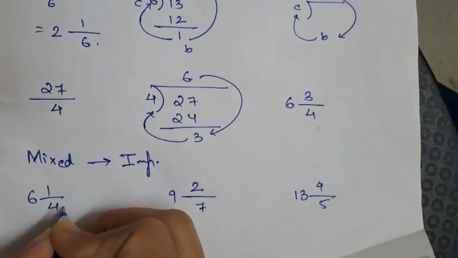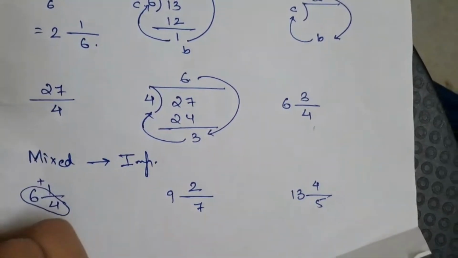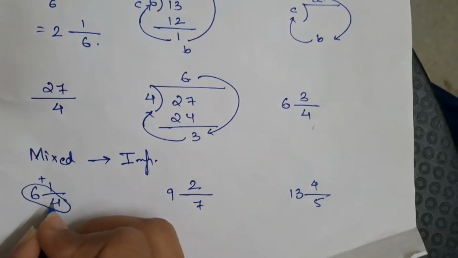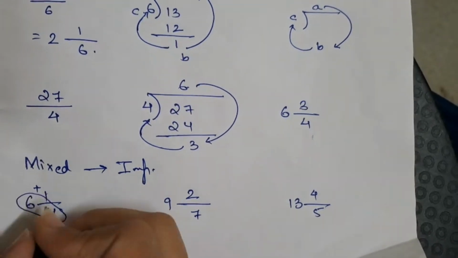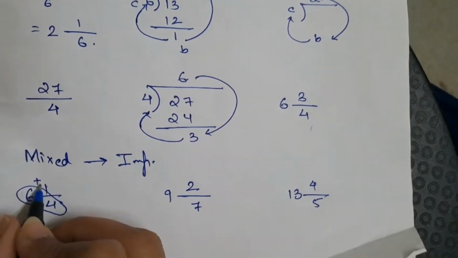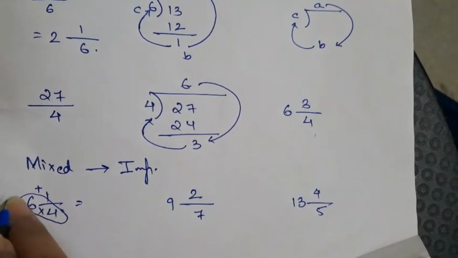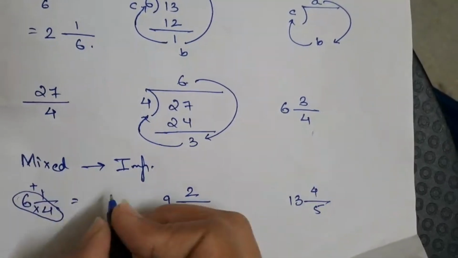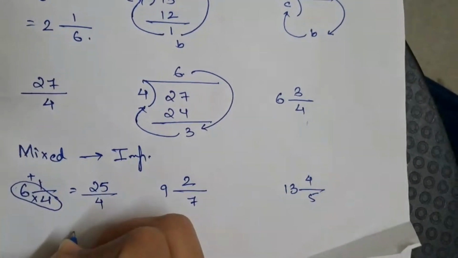So what we are going to do is, first we are going to multiply these two and then add it to this one. Okay, so 6 4s are 24. 24 plus 1. We multiply these two terms, and then whatever answer we get, we add to this one. So it becomes 25, and the denominator will be copied, 25 by 4.